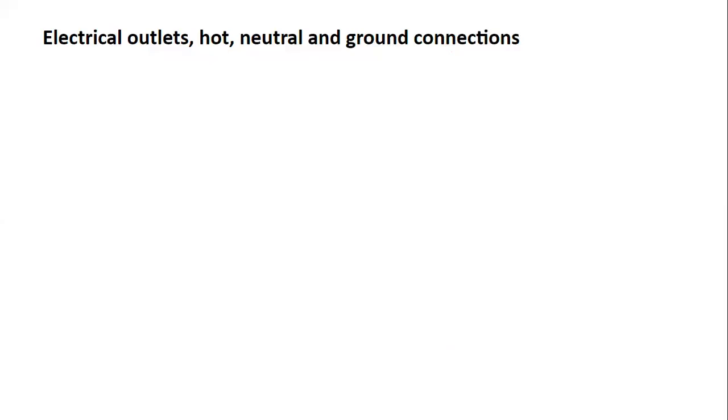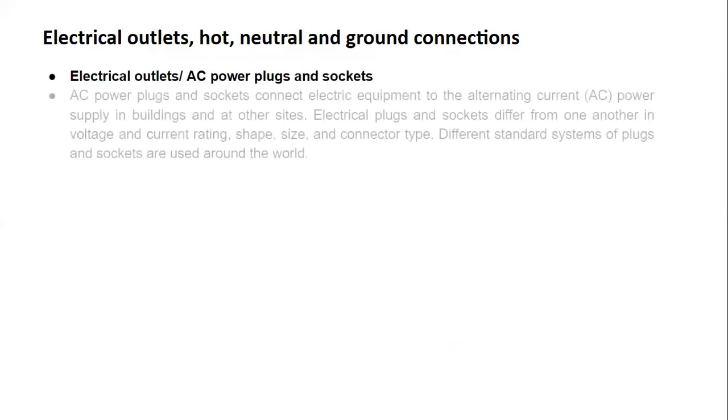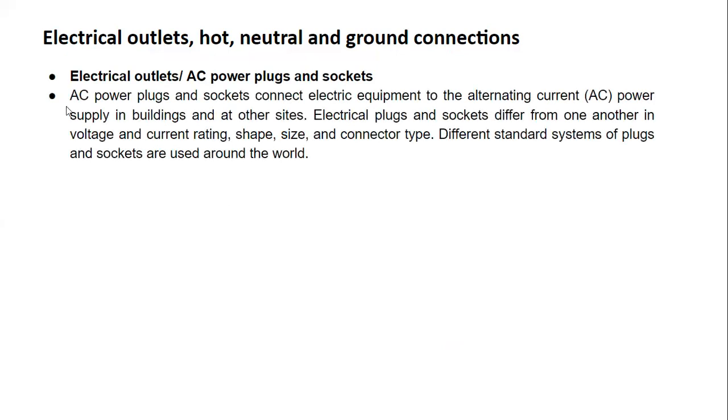Okay. Next is your electrical outlets and further details regarding the wiring connections. First is electrical outlets, AC power plugs and sockets. What are they? AC power plugs and sockets connect electrical equipment to the AC power supply in buildings and at other sites.